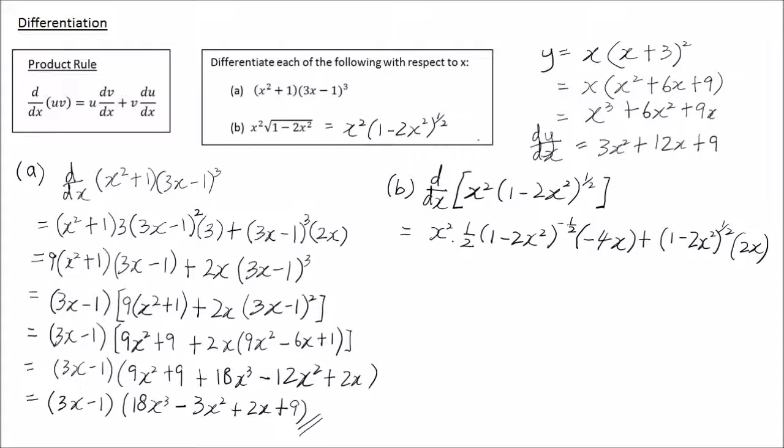Now let's simplify this answer here. First, the 2 can cancel with the 4 to give you 2. So we have 2x multiplied by the x squared. That will give us negative 2x cubed.